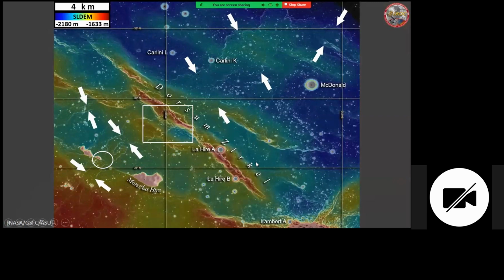That pooling that I just mentioned is actually located right here. You can see a little bit of it. But when you look at the topography data, you don't see any type of breakthrough that the Brian paper was suggesting. So we're going to take a closer look right now at this white boxed area.